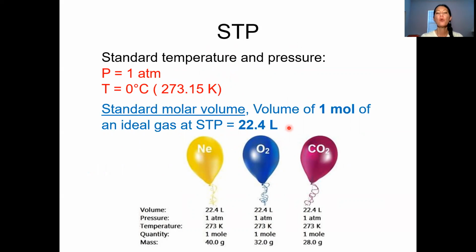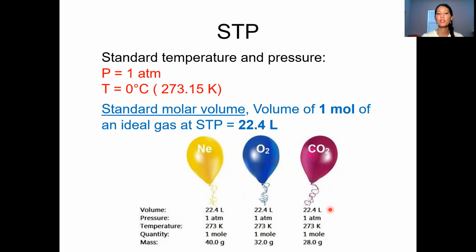liters. What's really interesting is if you're talking about an ideal gas, which are the gases that we'll talk about in this chapter, no matter what the identity, neon, oxygen, carbon dioxide, 1 mole of any of those ideal gases will occupy 22.4 liters at STP.